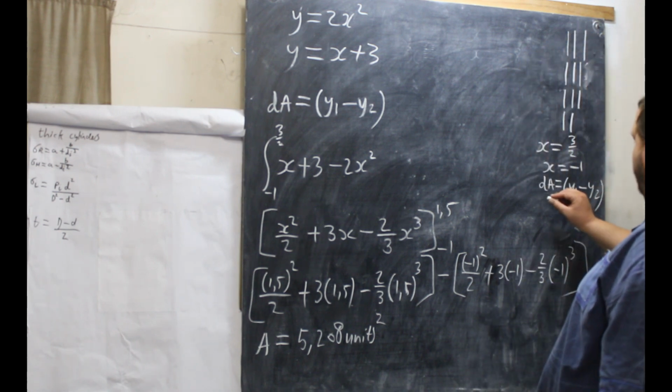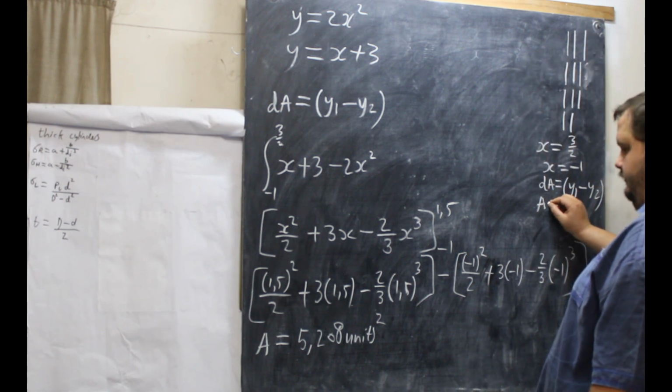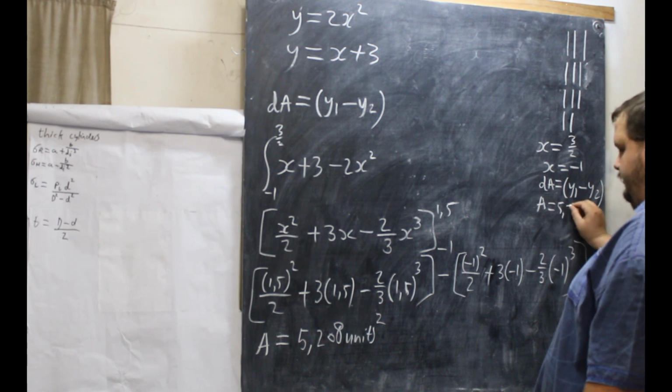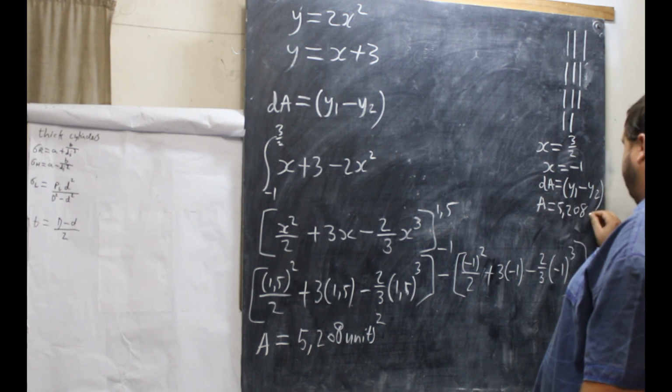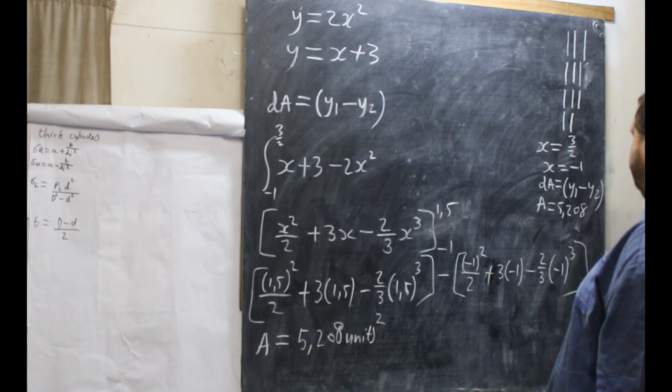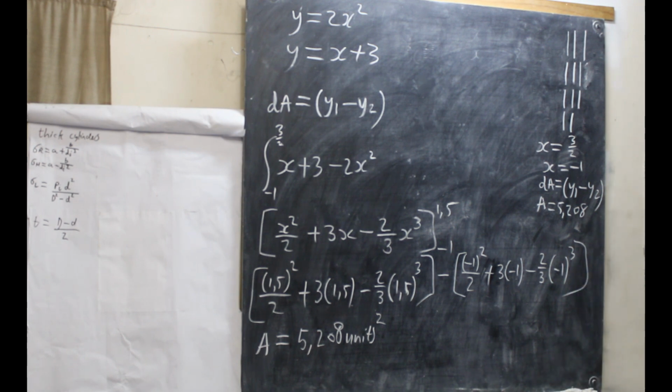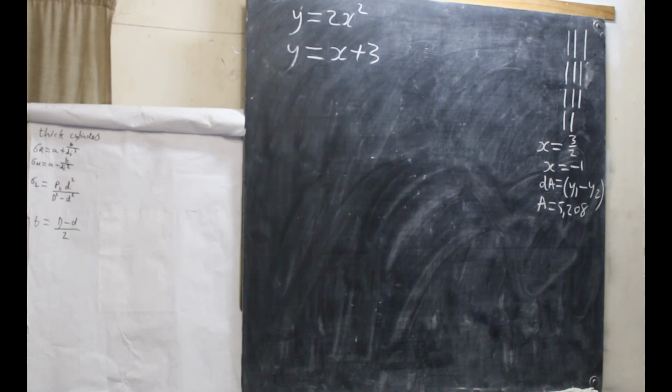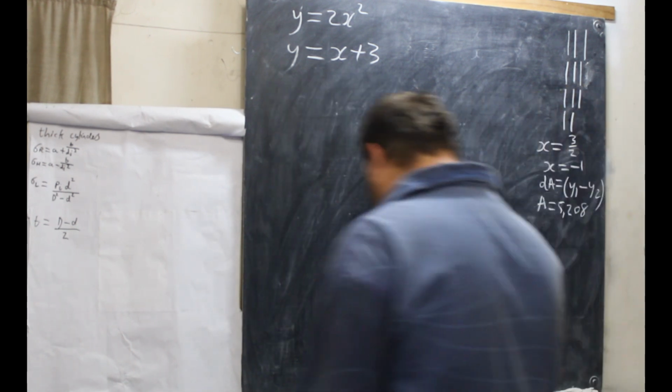Okay, this is very important. So A equals 5.208. Alright, that is the first phase. Now we're on to the second stage.